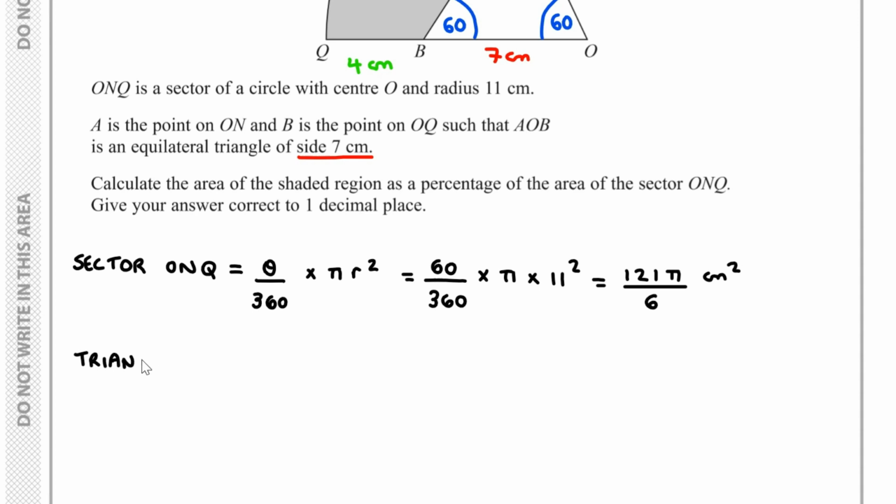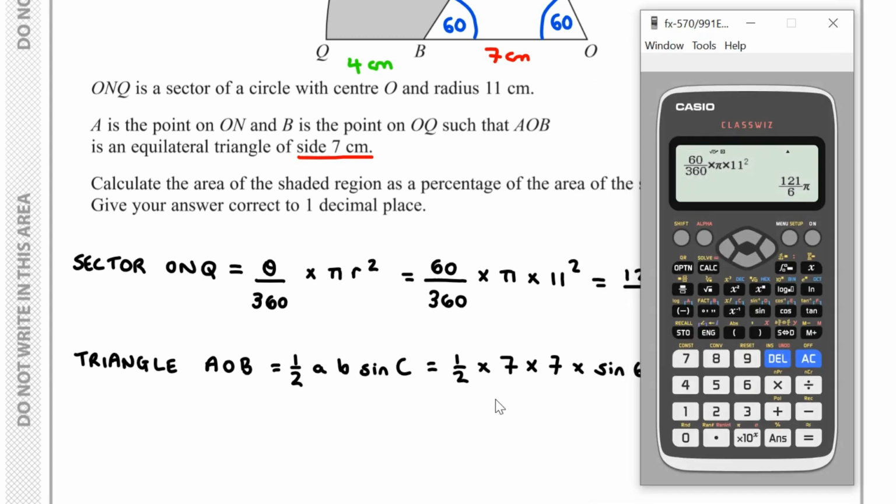Let's now find out the area of triangle A or B. We have here 1/2 AB sine C. So we have 1/2 times 7 times 7 times sine 60.